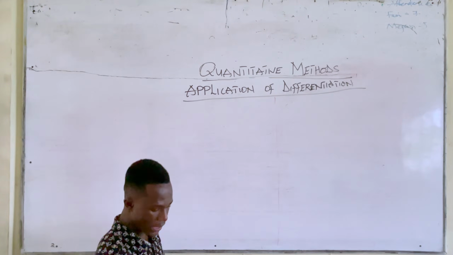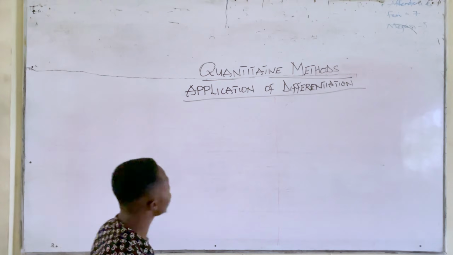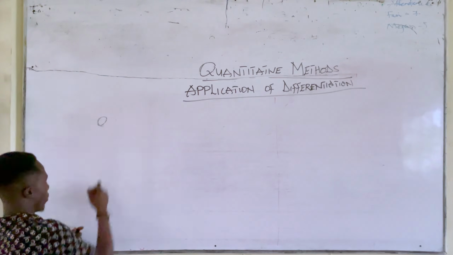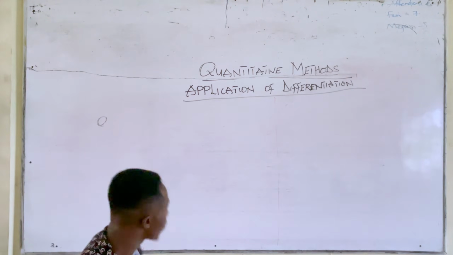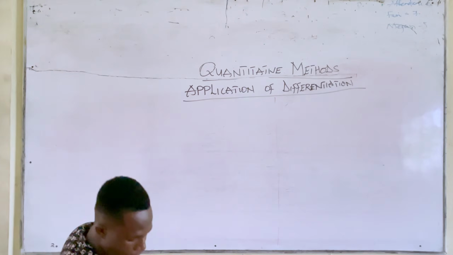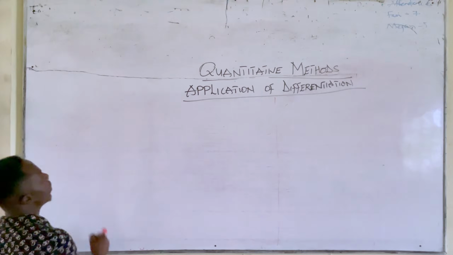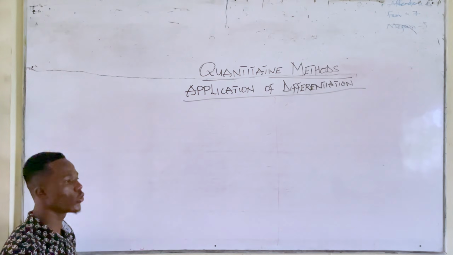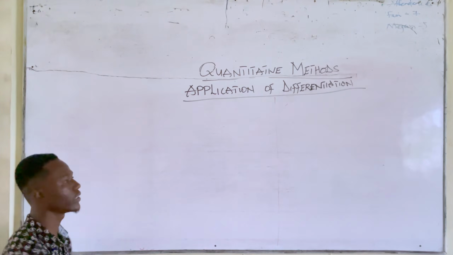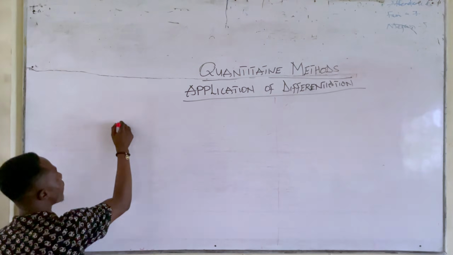So let's start. The first question says we are selling transistors, so x transistors. We don't know the quantity that we are selling. Do you get it? So we say our quantity.